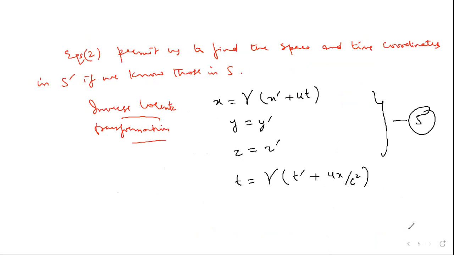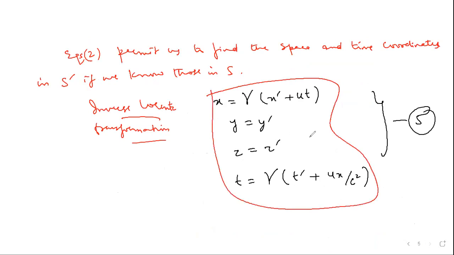Let me encircle these equations. x is gamma times x prime plus ut, y is y prime, z is z prime, t is gamma times t prime plus ux prime over c square.